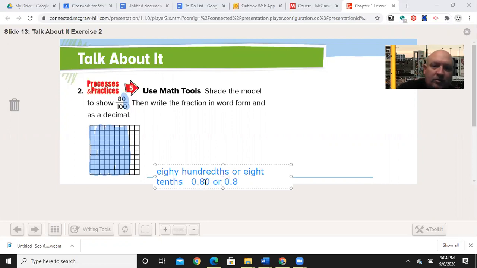If we're dealing with hundredths, I need to have both 8 and 0. If I convert it to tenths, 0.8. So if you notice something that went back to our pretest, it is possible to have differing number of digits after the decimal point and have an equal or equivalent fraction. So 0.80 and 0.8 are the same, as would be 0.8000000000, also the same.